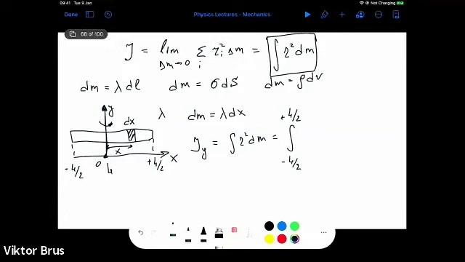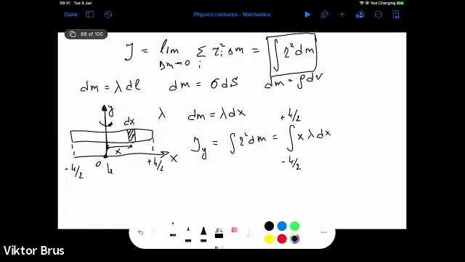It should be the distance times distance squared times delta m. So it will be x, because we have this delta x at distance x from the axis of rotation. Then we have lambda dx.